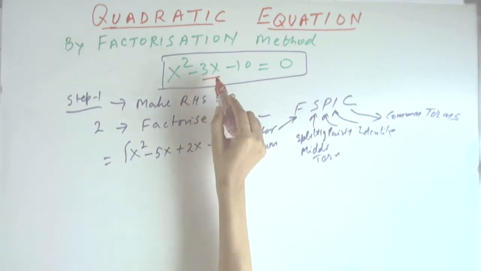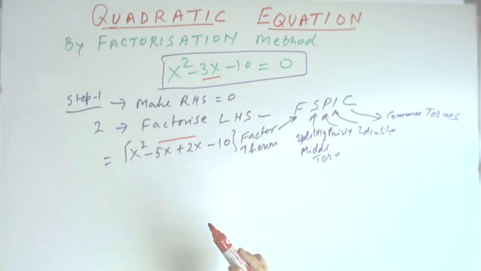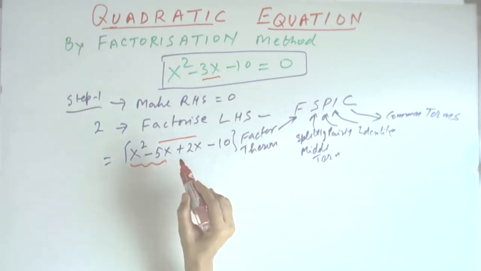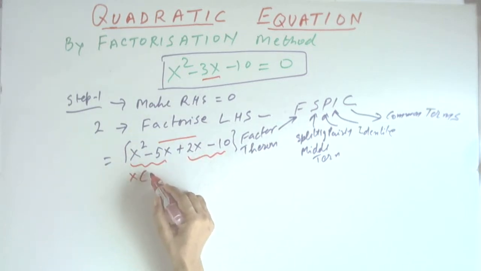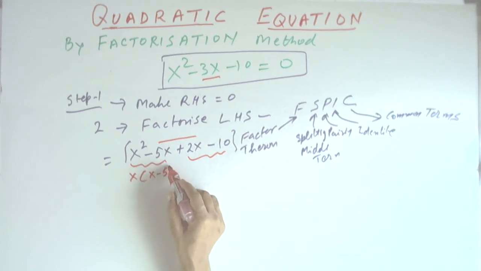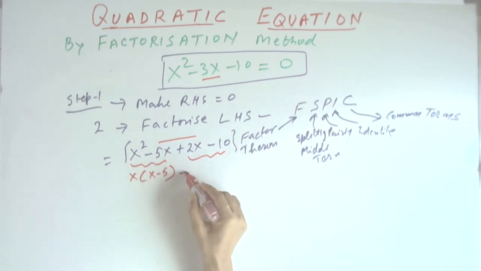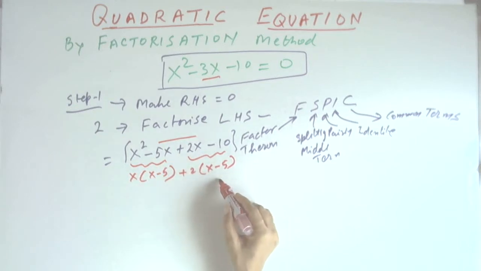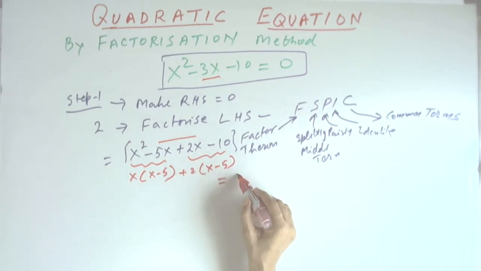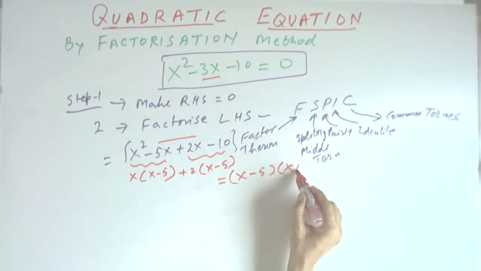So what we have done is 3x we have split into minus 5x plus 2x, and then we do the pairing and take the common factor out. This will become x minus 5. Therefore, it will become x minus 5 into x plus 2.